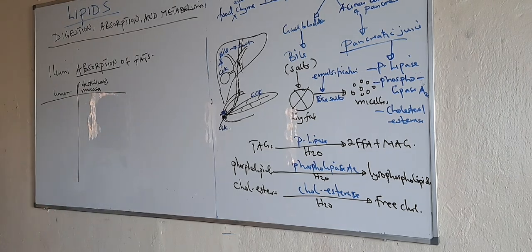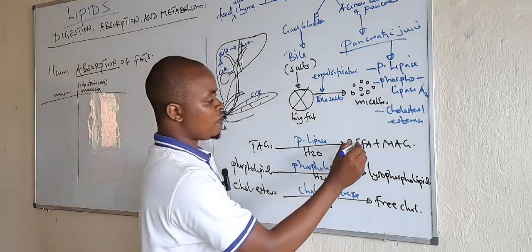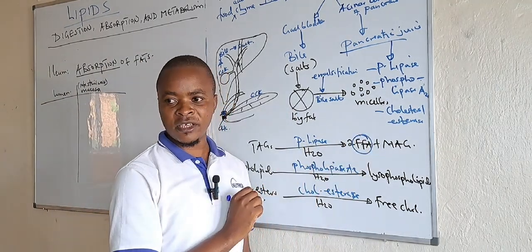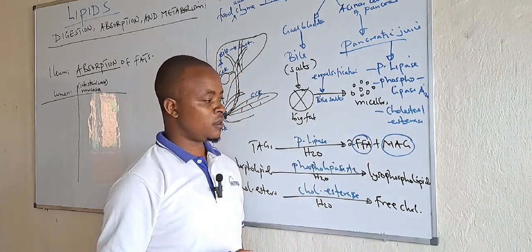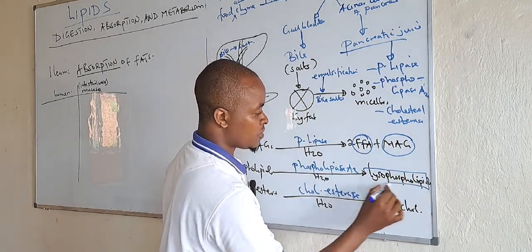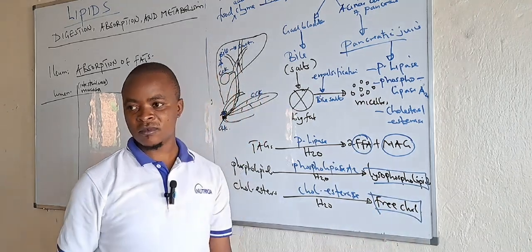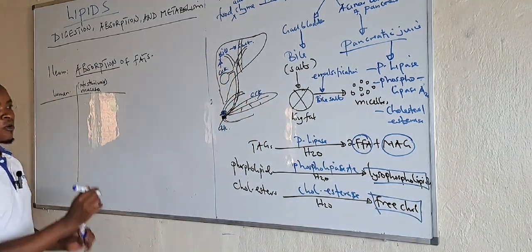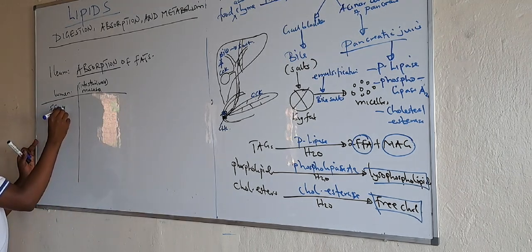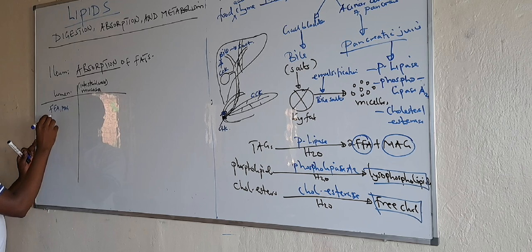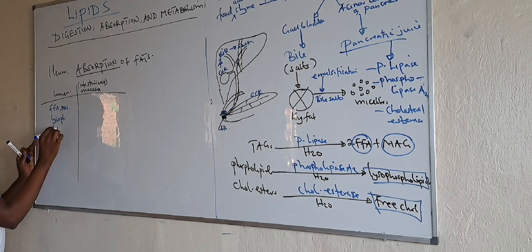So what happens if I have formed products? I have free fatty acids, monoacylglycerol, lysophospholipid, and free cholesterol. These are the products of fat digestion.